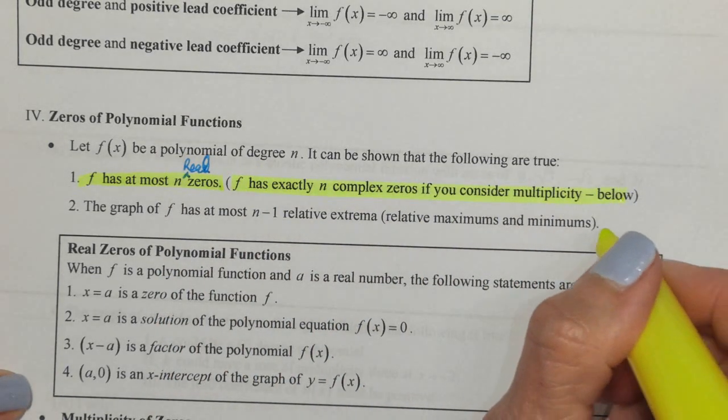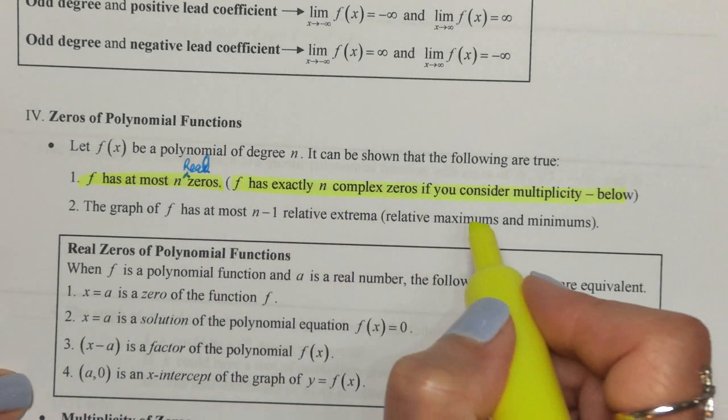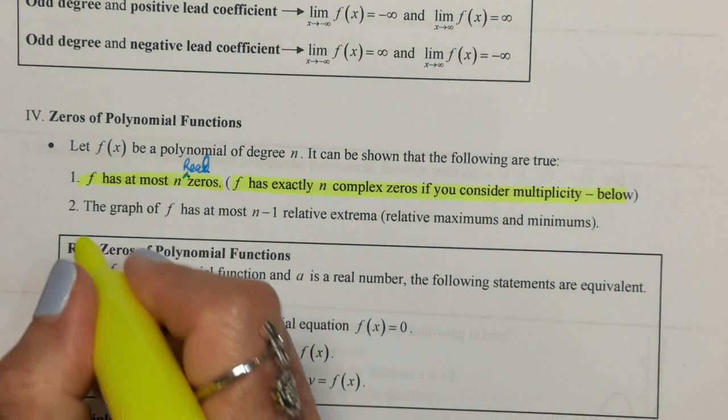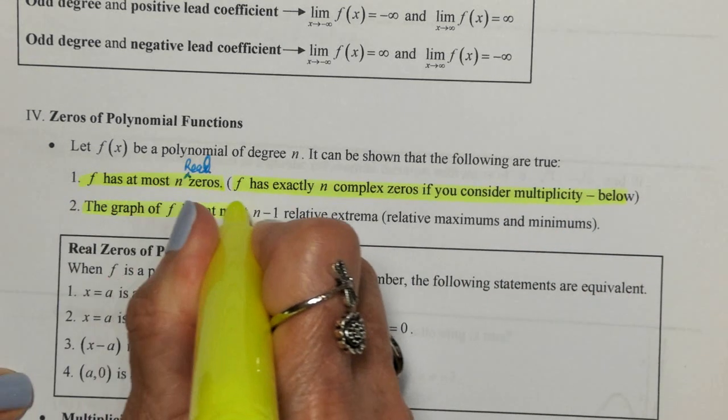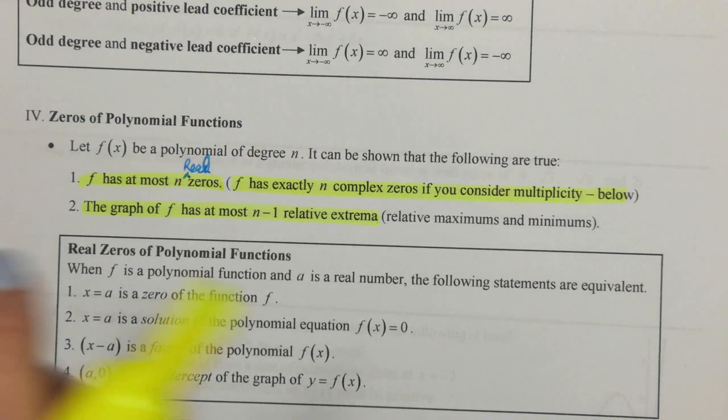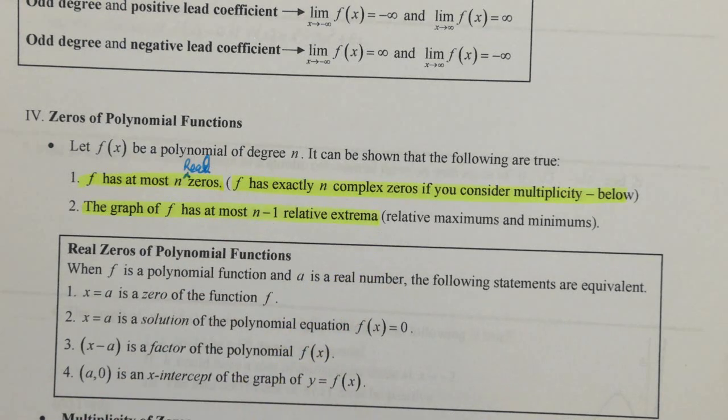So some zeros can be imaginary, some zeros can be repeated. The graph of f has at most n minus 1 relative extrema. So degree 5 means you have at most 4 relative mins and maxes.